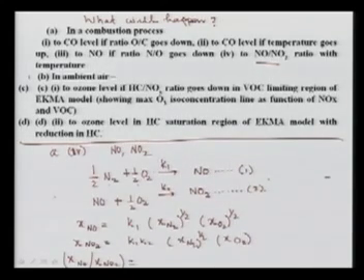K1 will cancel, and this will cancel, and then I will have 1 by K2 times XO2 to the power 1 by 2. And this K is a function of temperature.